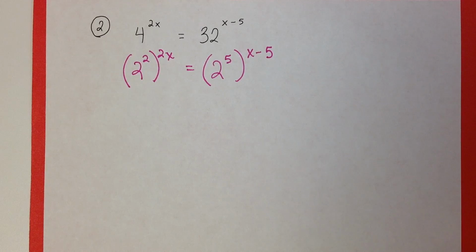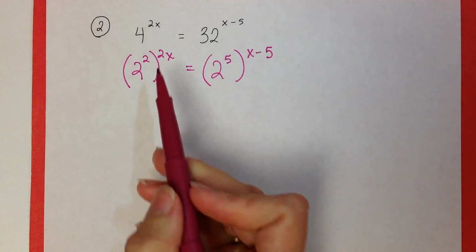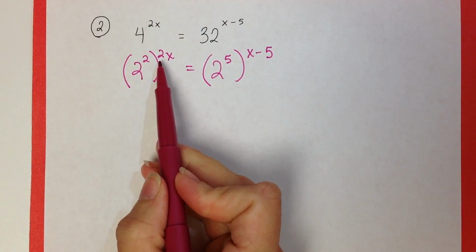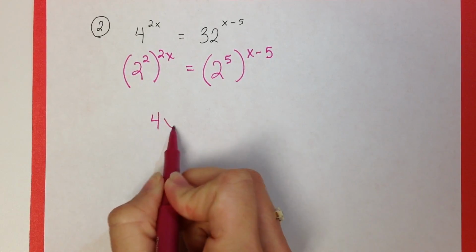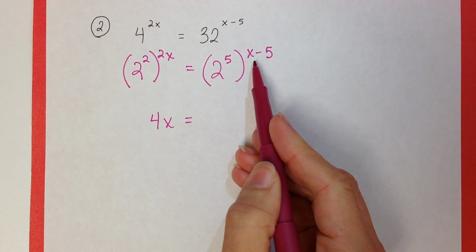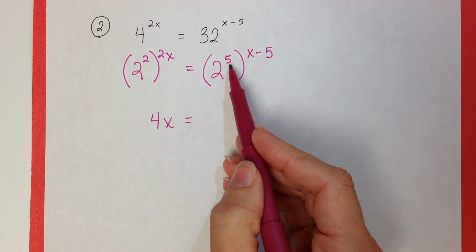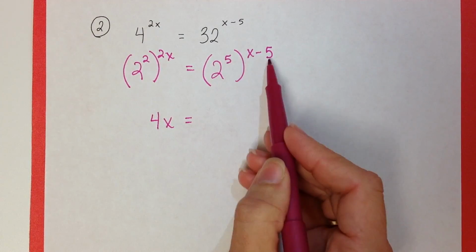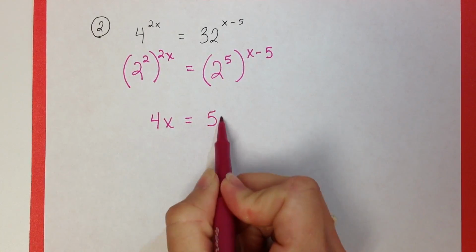Okay, so again, at this point, you just pull out your exponents, power to a power. Remember, you're going to multiply. Power to a power, multiply. Just like you saw in the previous example, you're going to end up distributing the 5, so you can go ahead and do that as you bring it down.